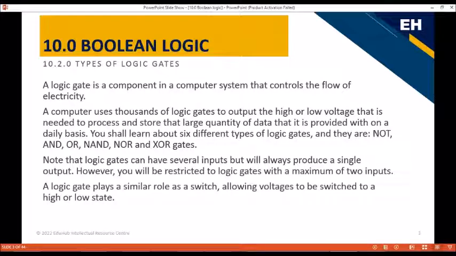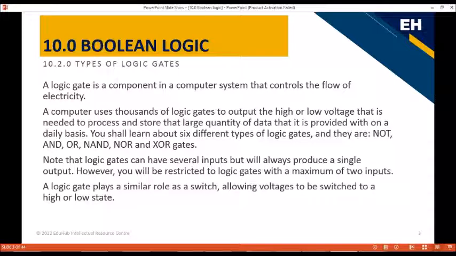You shall learn about 6 different types of logic gates, and they are NOT, AND, OR, NAND, NOR, and XOR gates. Note that logic gates can have several inputs, but will always produce a single output.